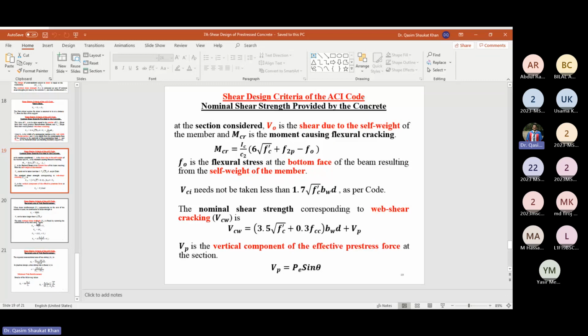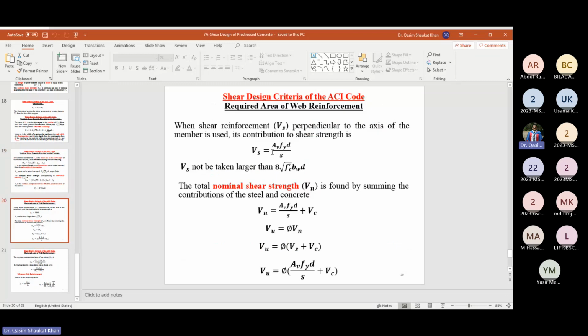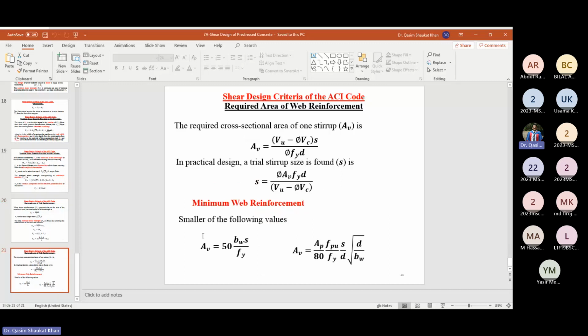Then the contribution of the steel can be simply calculated as Vs from Av fy into d over s. And at the end, we have to ensure that the shear reinforcement which we are providing has a value greater than the minimum web reinforcement. If our value is coming less than the minimum web reinforcement, then we will provide the minimum web reinforcement, which will be the smaller of these two values.